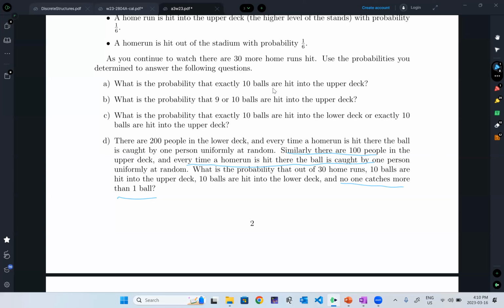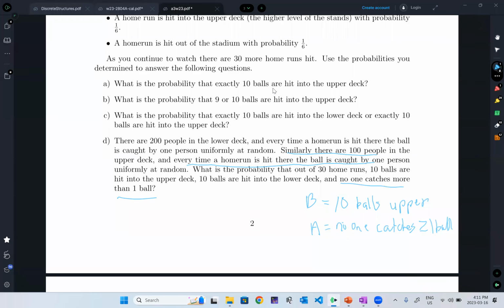So the little trick that we did there: let's say B is that 10 balls are hit into the upper deck, and A is that no one catches more than one ball.